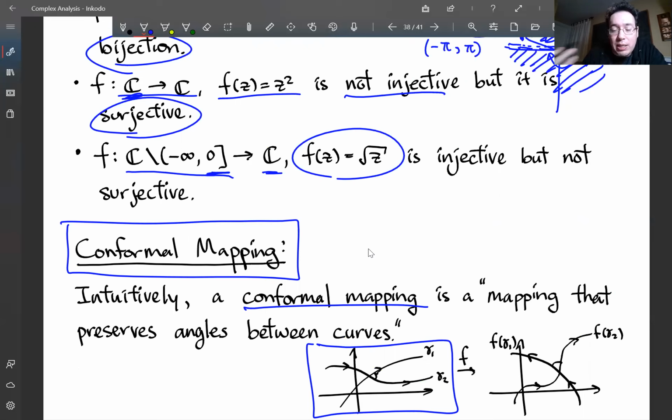And if you apply the map F, that will distort the picture in some way. It might change the shape overall, but the angle at which these curves intersect does not change. Okay, so that's a special type of mapping. It doesn't change the angle there.